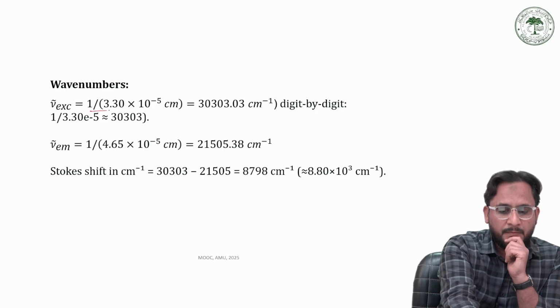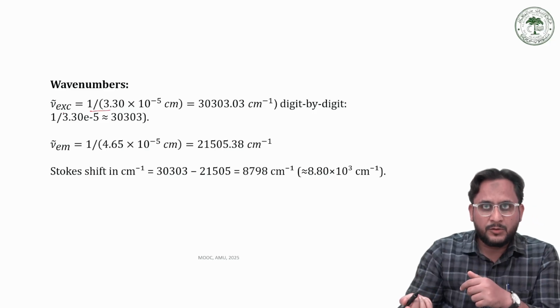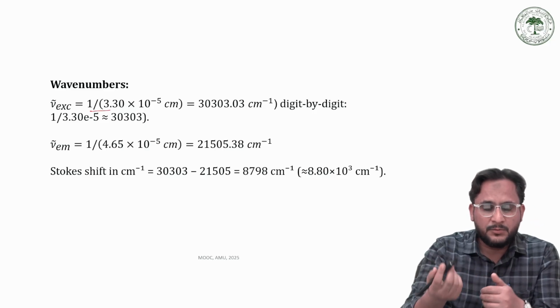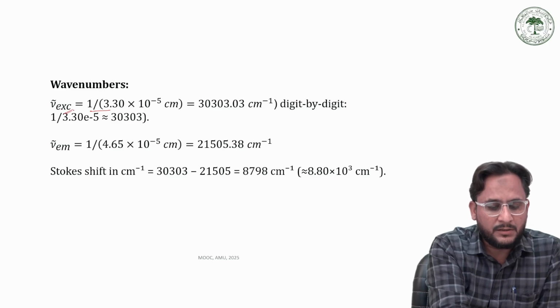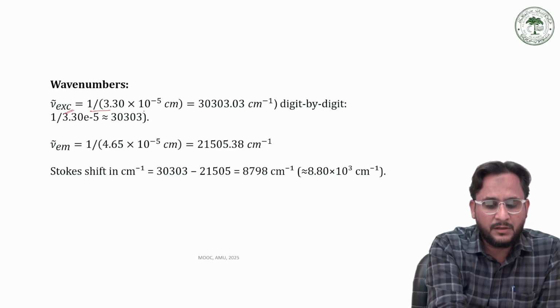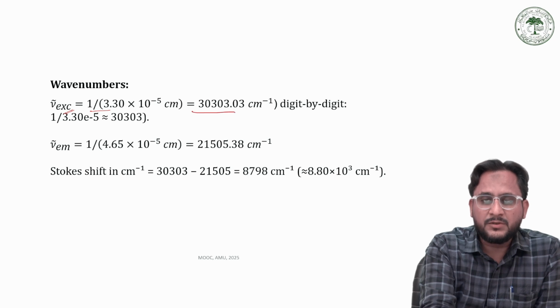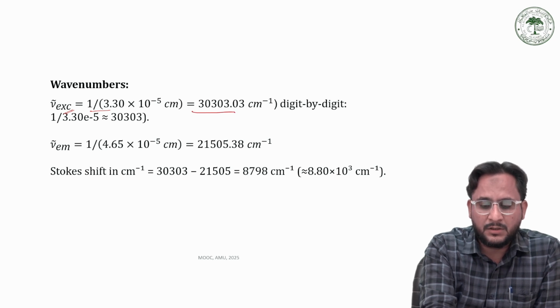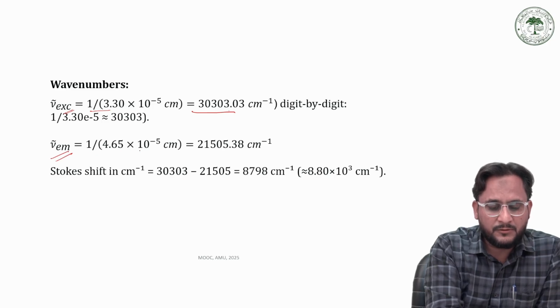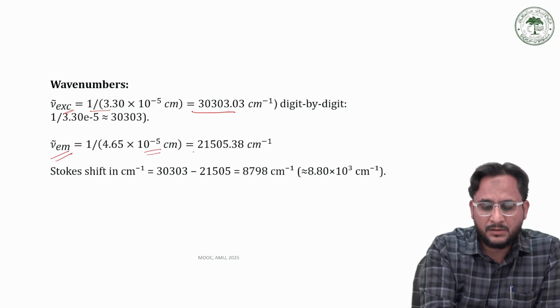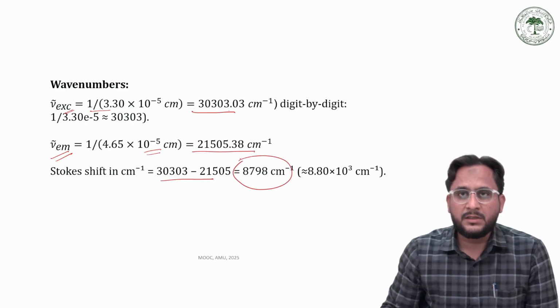Then because we are going to calculate wave number, which is the reciprocal of wavelength, for excitation the wave number is 1 upon 3.3 into 10 to the power minus 5, which comes out to be 30,303. Then for emission, again the reciprocal of wavelength, 1 upon 4.65 into 10 raised to the power minus 5 centimeter, comes out to be 21,000. When we take the difference, it is 8798.